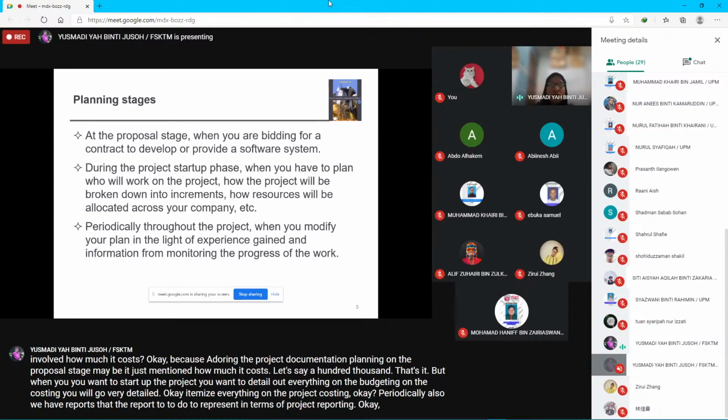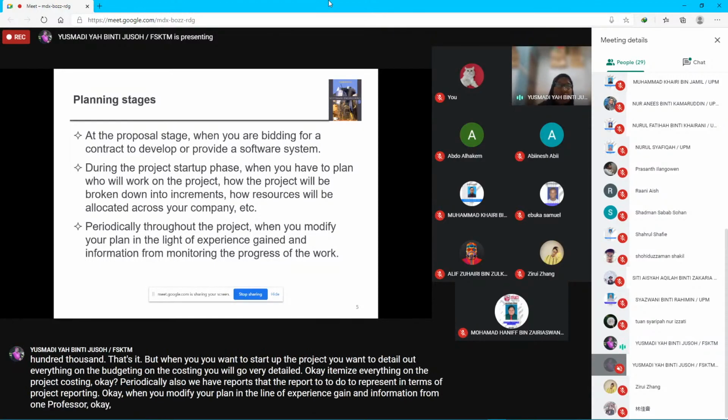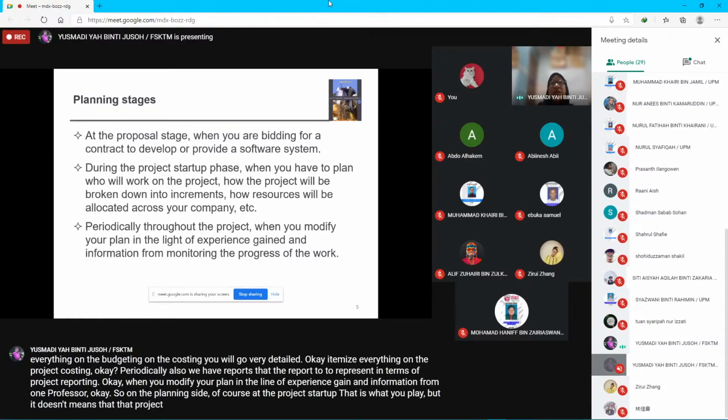You modify your plan in the light of experience gained and information from monitoring the progress of the work. On the planning side, of course, at the project startup that is what you plan, but it doesn't mean that the project plan is a very static document.